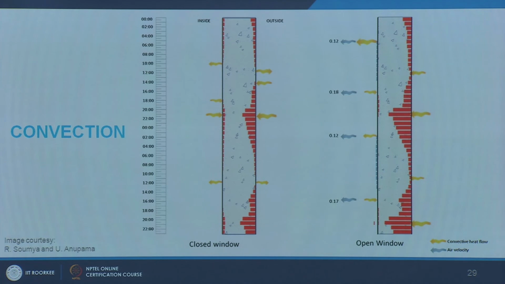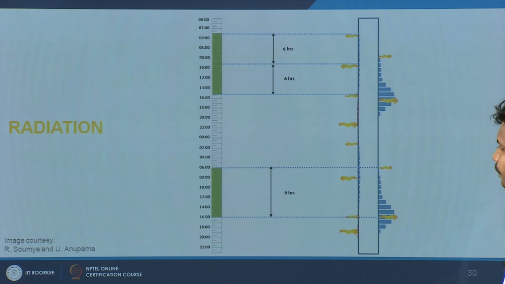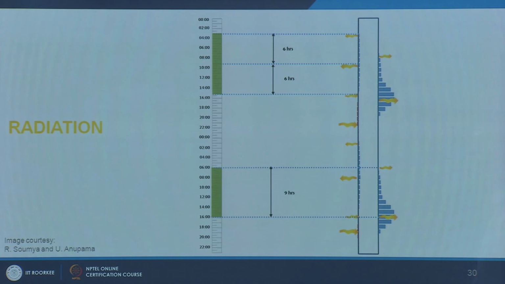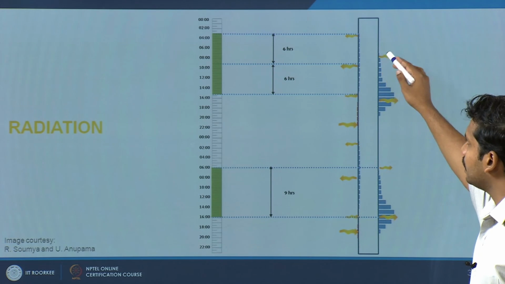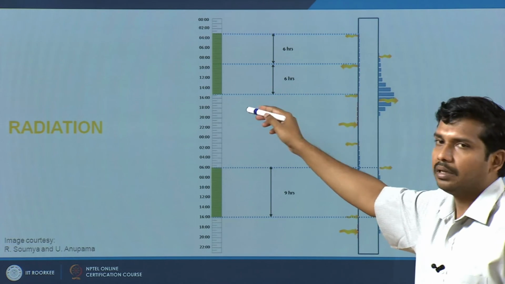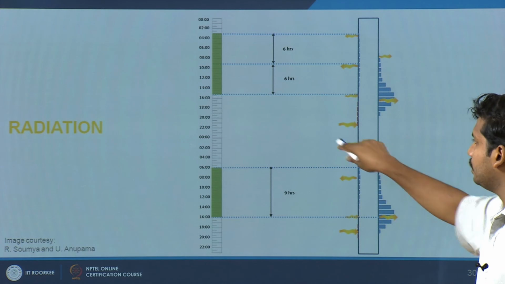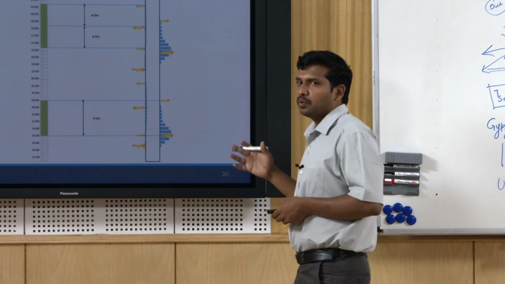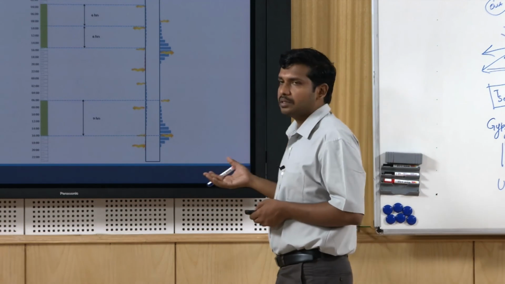How much heat is gained or lost because of cross ventilation. This is about radiative heat transfer. The time taken for radiative heat transfer also considerably varies. There is sol air temperature. Apart from this, it is going to re-emit into the building, and then it is going to absorb and re-emit it outside the building. So, three modes of heat transfer and how they are used in buildings.